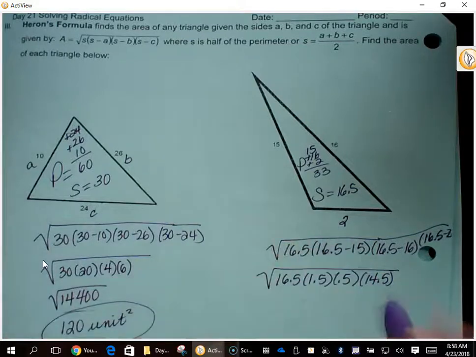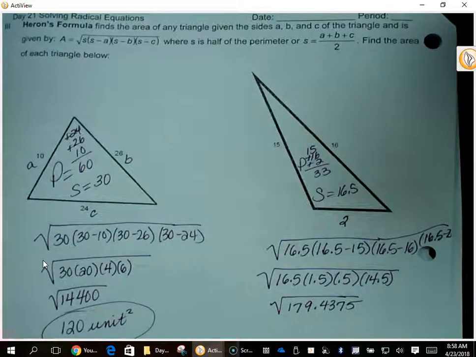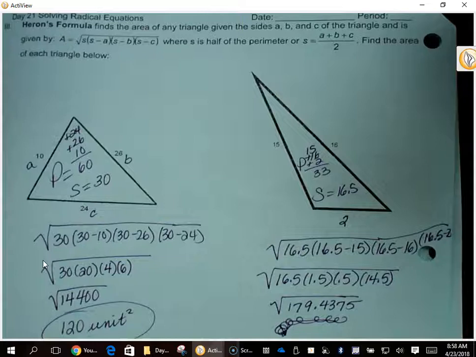So I'm typing that in my calculator. And I got the square root of 179.4375. And then I'm going to take the square root of that. And so my answer, when I took the square root, is 13.395. And we didn't have any decimals, so I'm just going to go with 13.4 square units.